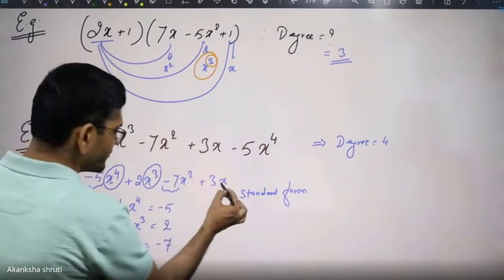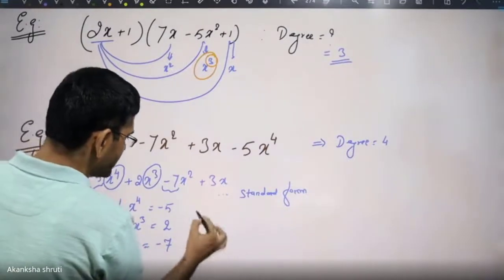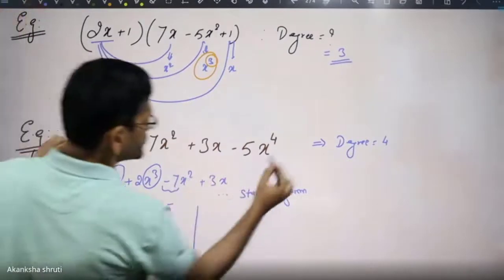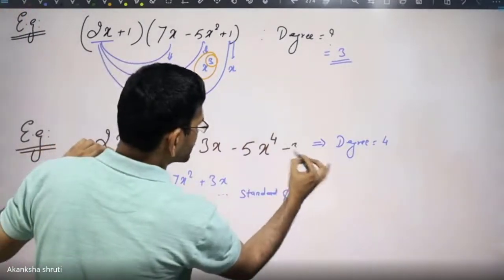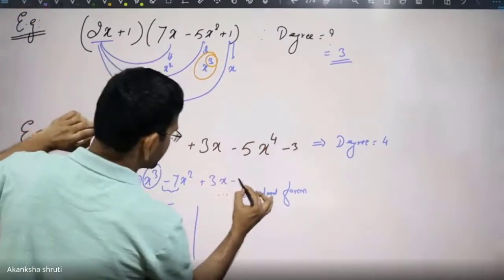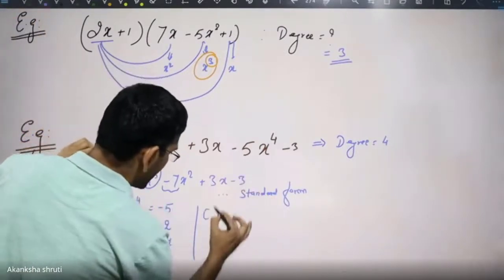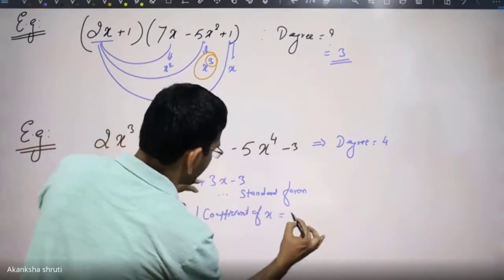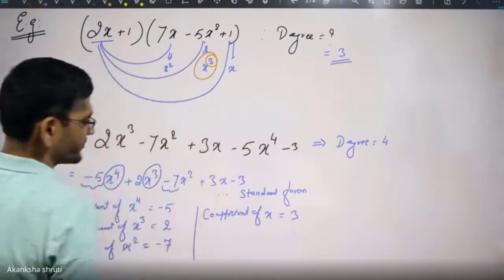Likewise, whatever x terms are there, we can write a few more. Let me add one more term, say minus 3. So one more minus 3 will get added. Then the coefficient of x is our 3.